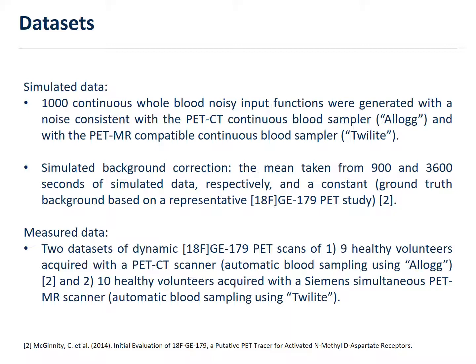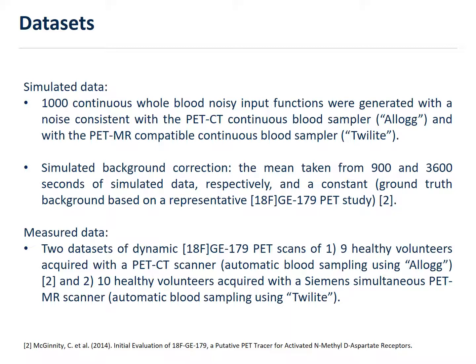Analytic functions to describe ground truth arterial whole blood and plasma concentrations were created based on representative data from a previous 18F-GE179 PET study. Poisson noise was added according to the measured specifications of the ALLOG and Twilight samplers to simulate 1,000 noisy whole blood datasets.